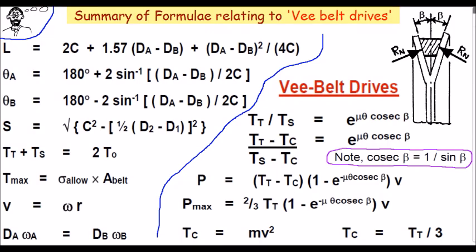Note this is a vee-belt problem, so if it helps you structure your solution, here's a summary of the formulae relating to vee-belts. Again, as always, I suggest you tick off parameters that you know from the question and then see if you can manipulate the appropriate equations to solve the problem. Note that centrifugal effects are to be considered in question 7.